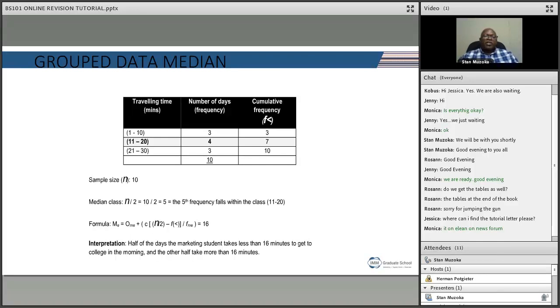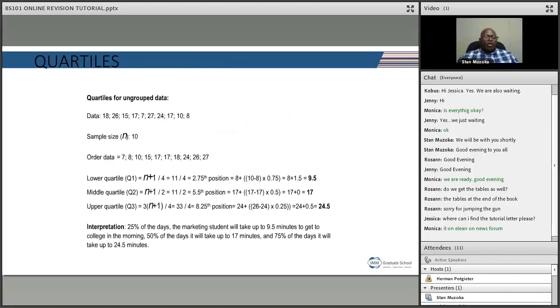And you get 16, and therefore you know that in half the time, students get to college in less than 16 minutes, and in the other half of the time, in more than 16 minutes.